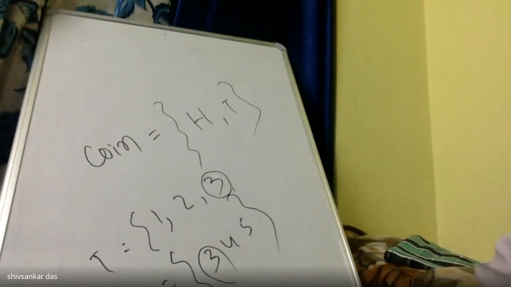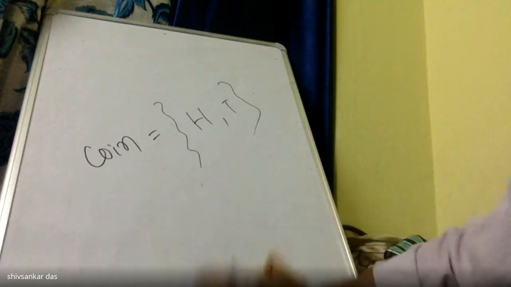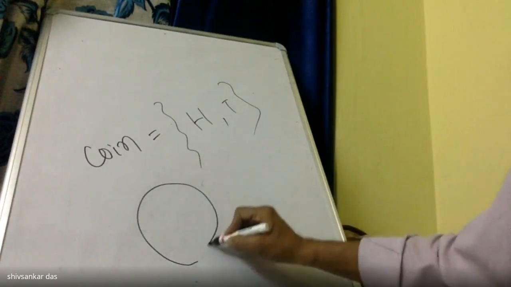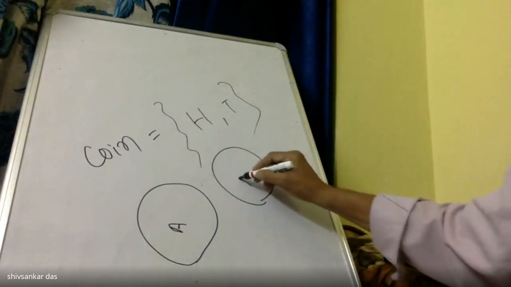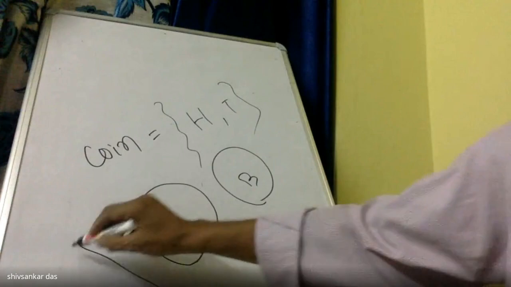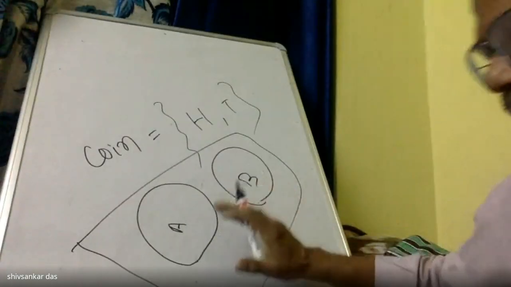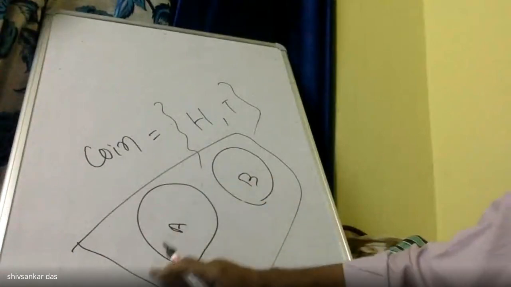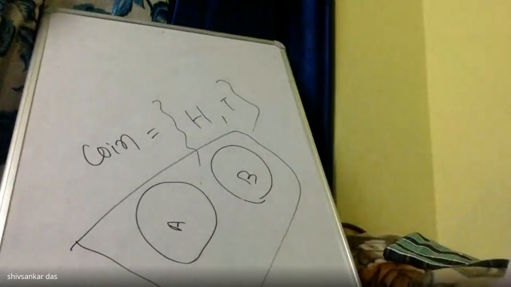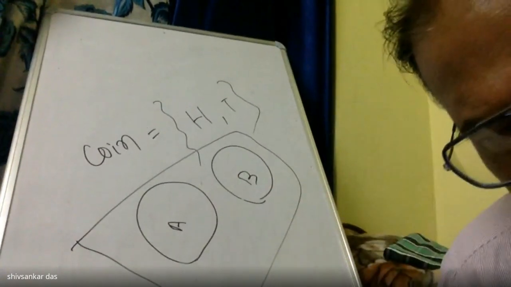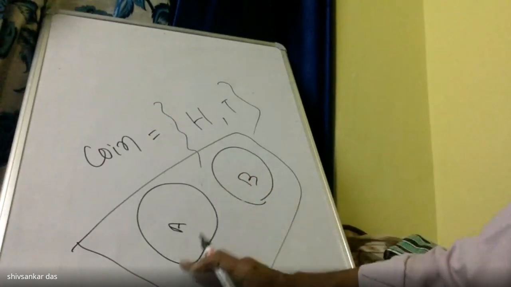Or I can explain with a Venn diagram. Suppose this is an event A, this is an event B, and this is the whole population. So these A and B are mutually exclusive. There is no relation between A and B. They are independent of each other.